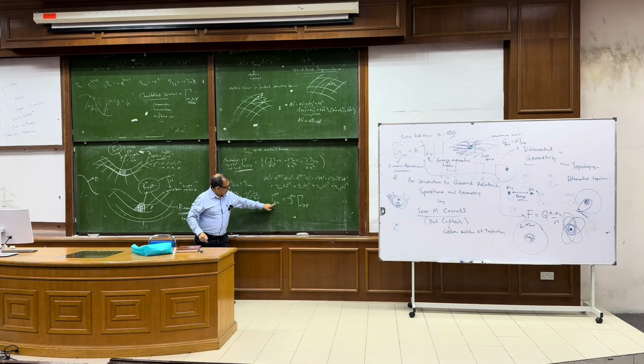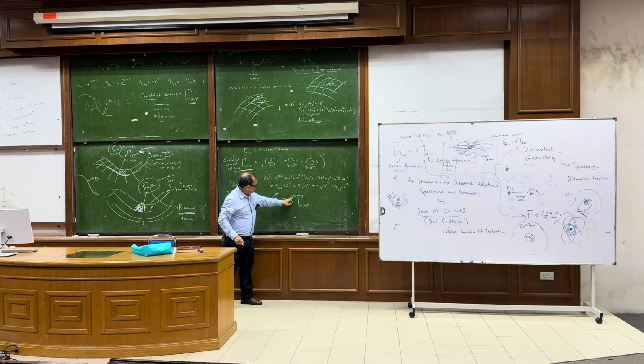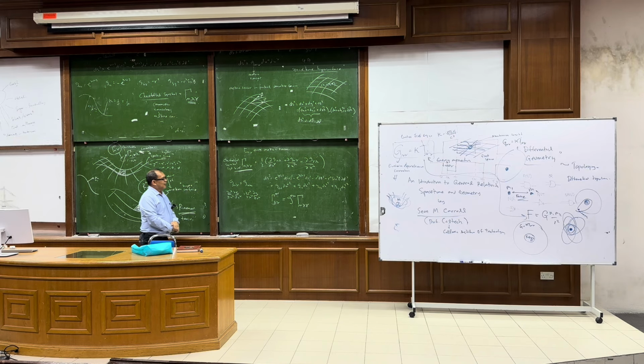Gamma lambda gamma ini sigma lambda gamma. This was sigma mu lambda gamma. Mu dengan mu contract. Okay, nampak? You nampak?